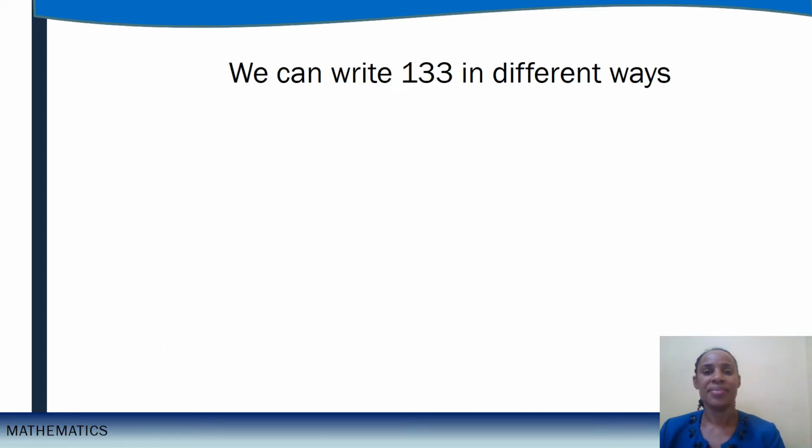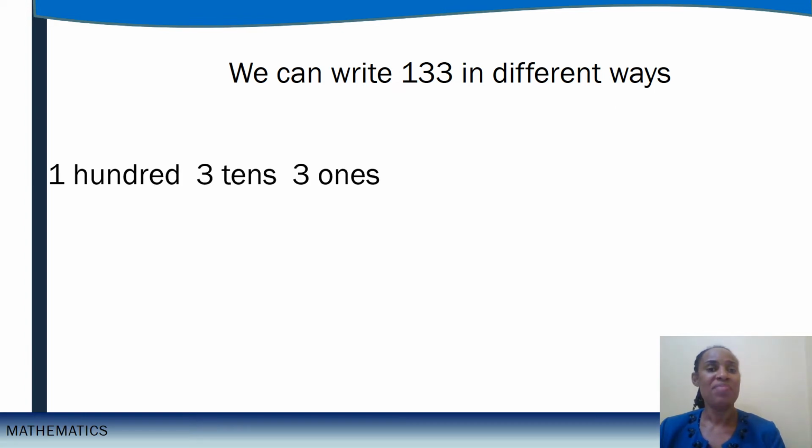Excellent. Boys and girls, from the activity that we just did, we observed that 133 can be written in different ways. For example, 133 can be written as 100, 3 tens, 3 ones.